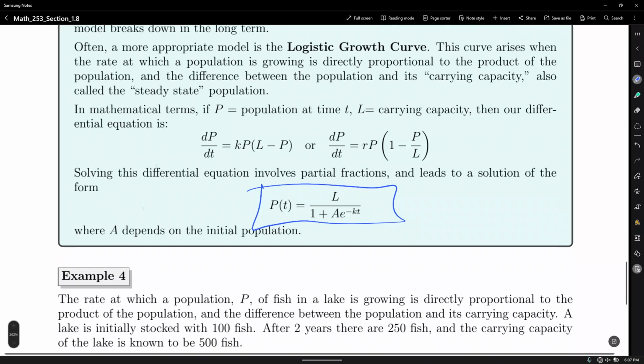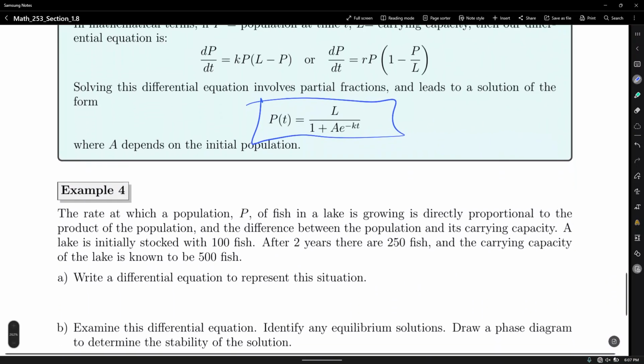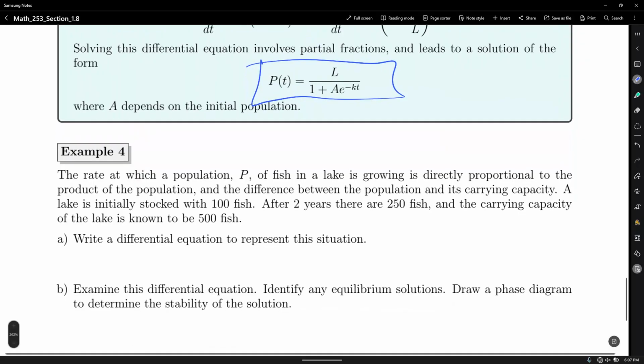All right, let's have a look at one example that deals with logistic growth. The rate at which a population P of fish in a lake is growing is directly proportional to the product of the population and the difference between the population and its carrying capacity.